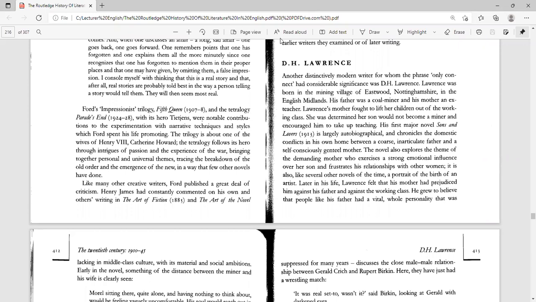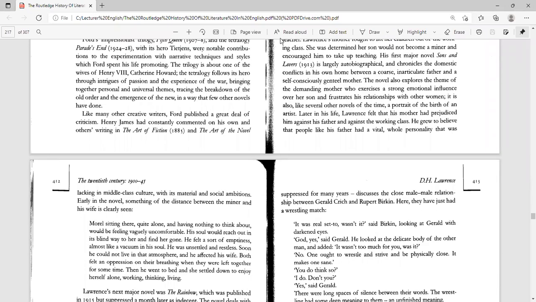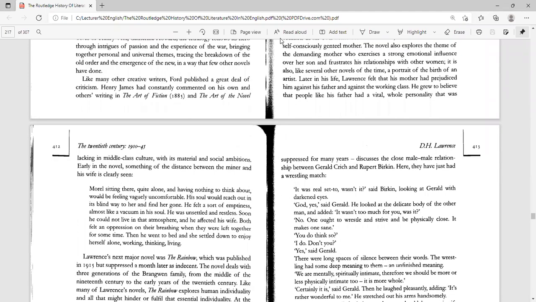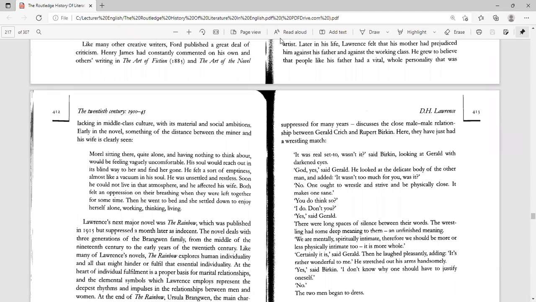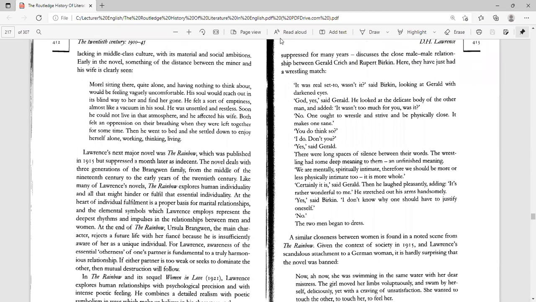Later in his life, he realized that his mother had prejudiced him against his father and against the working class. He grew to believe that people like his father had a vital, whole personality that was lacking in middle class culture, with its material and social ambitions.